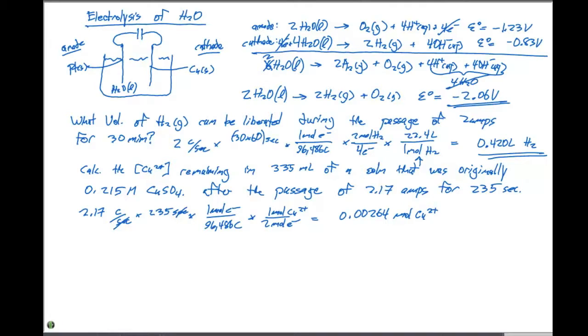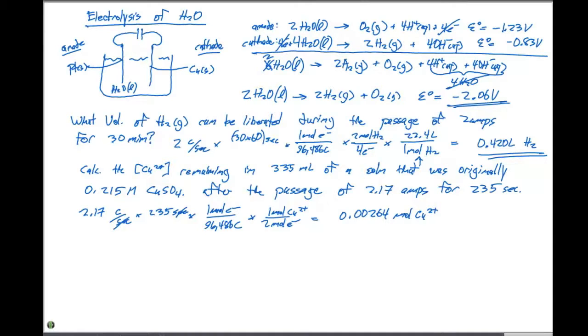So what that means is we have an initial solution that contains copper sulfate. Copper sulfate is going to completely dissolve into copper 2+ ions and sulfate 2- ions. If we perform an electrolysis experiment, that copper 2+ can be plated onto a solid, in this case copper.